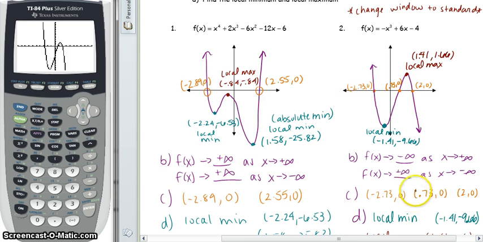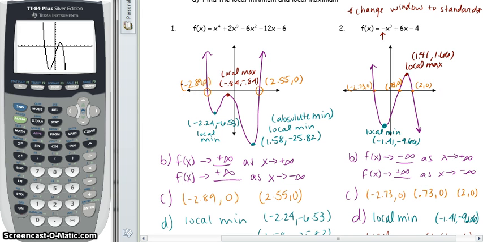These are different, unlike the previous one, because the coefficient in front of our largest exponent is negative, so it's changing what we would normally think our end behavior would be.